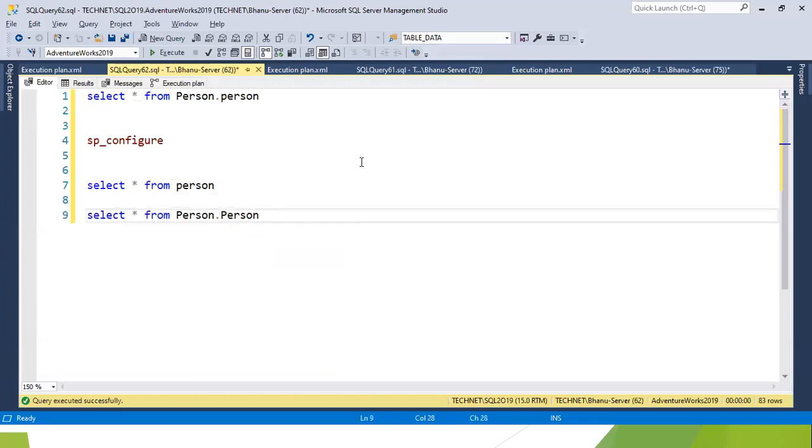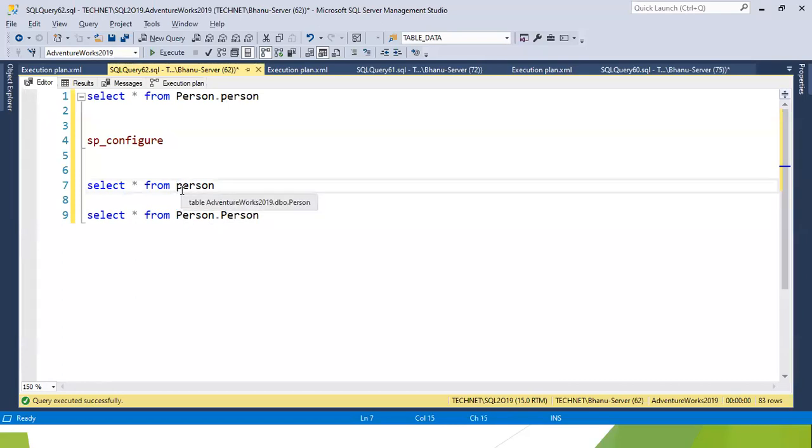select star from person.person, right? It looks similar, but these are two different queries and you will see a different result set as well. A schema is a logical container which represents your data. If you don't define a schema, the database engine by default considers it the dbo schema.